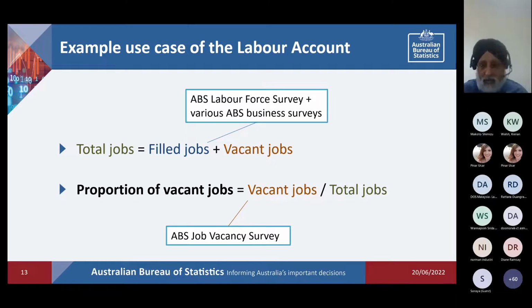We also have a job vacancy survey that the ABS runs that produces counts of job vacancies, but it excludes the agricultural, forestry, and fishing industry. So this means that we cannot directly compare the Labour Force Survey information with the job vacancy survey information we are getting.